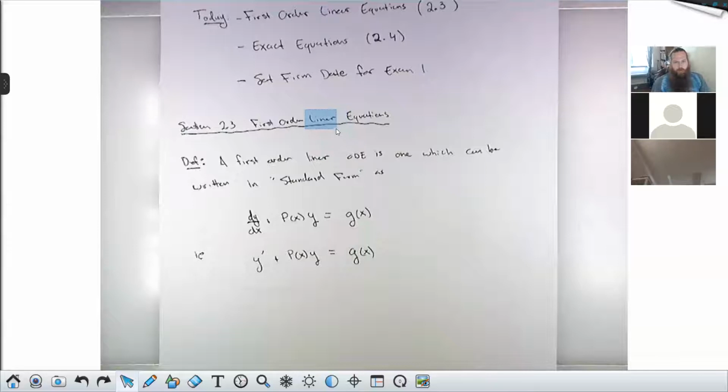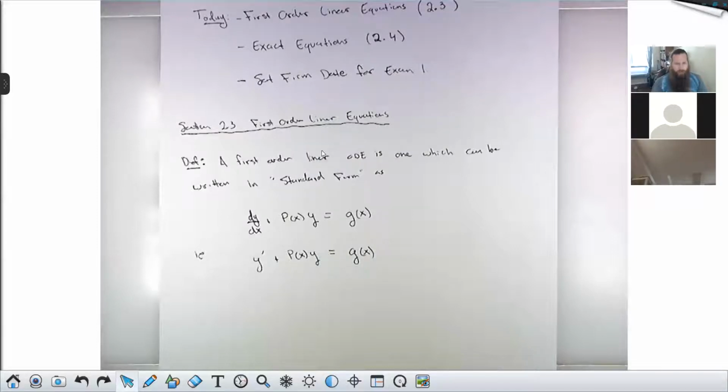The term linear I've mentioned a few times in this class, and it is important. The equation is called linear because, as a function of y prime and y, the left-hand side is linear. What that means is that if you were to plug in a linear combination of functions for y, y equals a times f of x plus b times some other function h of x, then this equation could be split up into two equations, each one looking exactly the same.